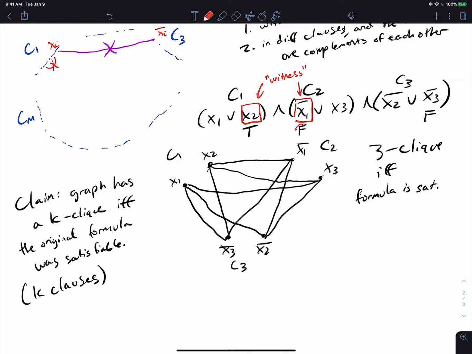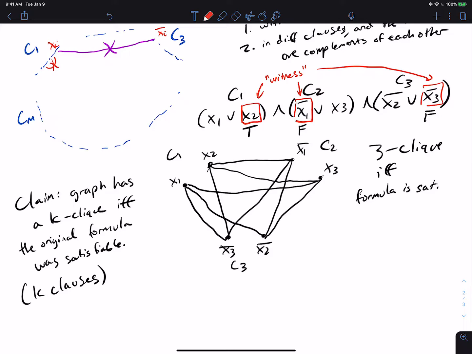This false right here refers to x1, not x1 bar. I should have made that clearer. False means that the original variable, not the complemented one, is false, but the complemented variable is true. So that's the witness for this clause to be true, and x3 bar is also the witness for this clause to be true.